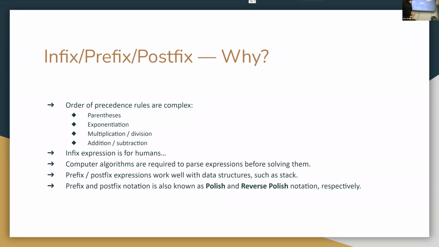And so why do we do all these? Actually, we've talked about this already. The reason is basically the order of precedence rules are complex. Complex meaning, although not necessarily for humans, still, it's a set of rules that you have to remember. But for computers, you basically have to program all that parsing. Parsing meaning that when you look at the expression, you have to pick out parts that you have to do first.